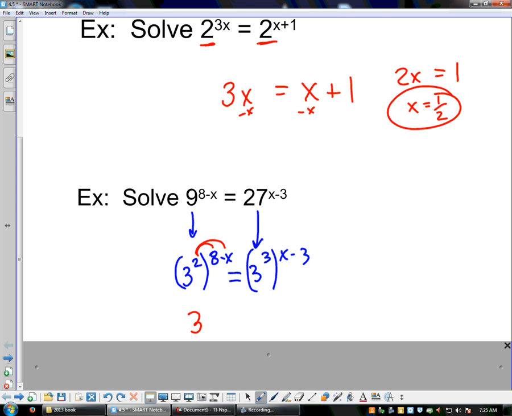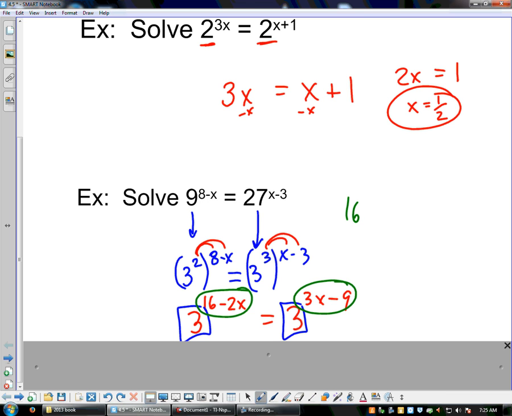So this would be 3 to the 16 minus 2x equals, and again, we need to distribute over here, and we'd have 3 to the 3x minus 9. And now we have the same base on both sides, so that means that the exponents must be equal to each other. So now we can say 16 minus 2x equals 3x minus 9.